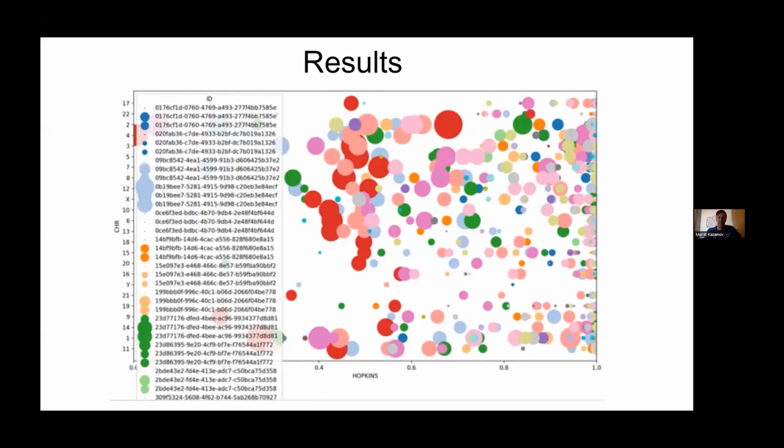You can see that these large bubbles are associated with samples with a big number of APOBEC-inducing mutations, and they all usually have a smaller value of the Hopkins statistic in comparison with the APOBEC less active samples.